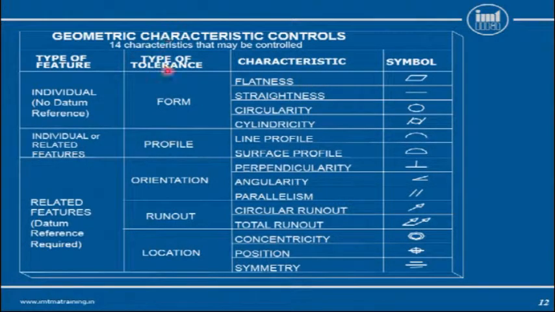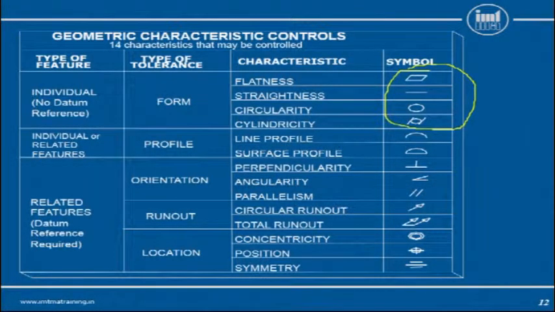Now look at the second column, wherein the 14 parameters are grouped into 5 different groups. As you can see here, the first 4 parameters are called form parameters. Flatness, straightness, circularity and cylindricity are called form parameters.